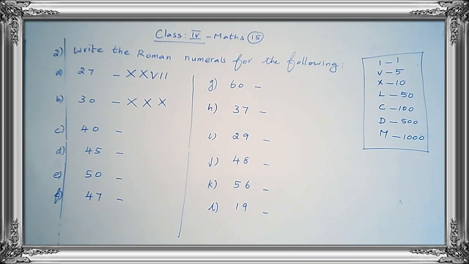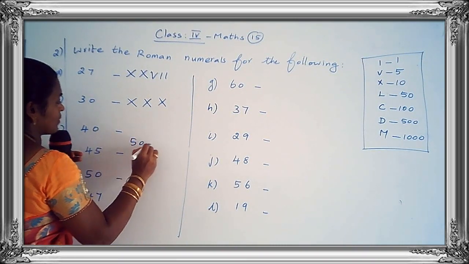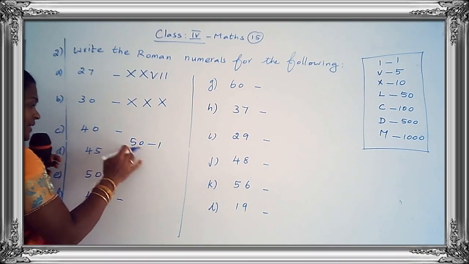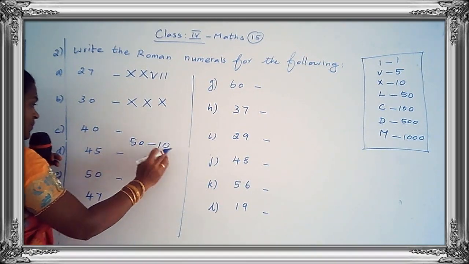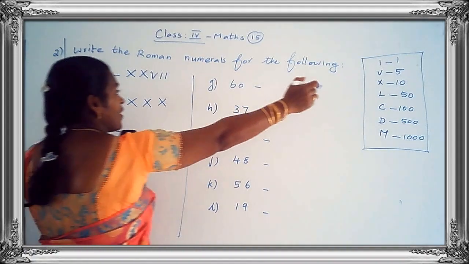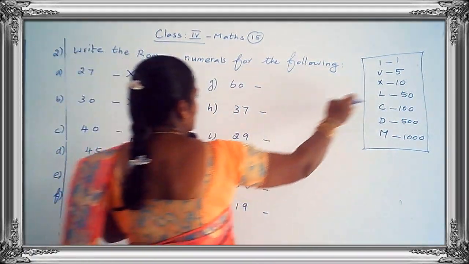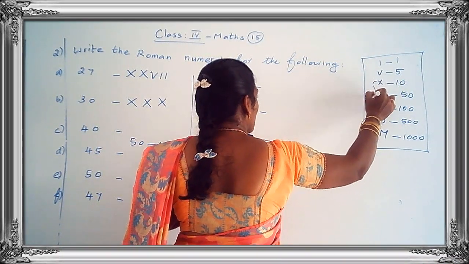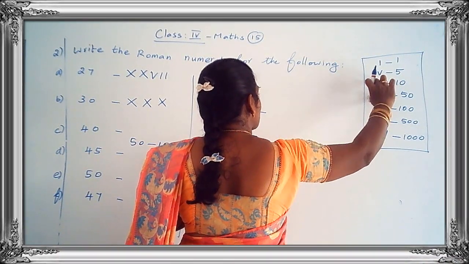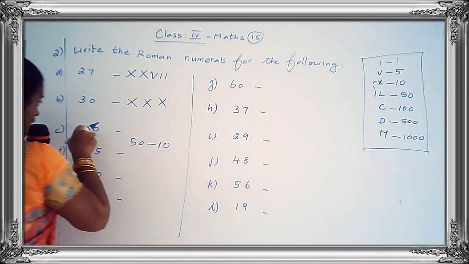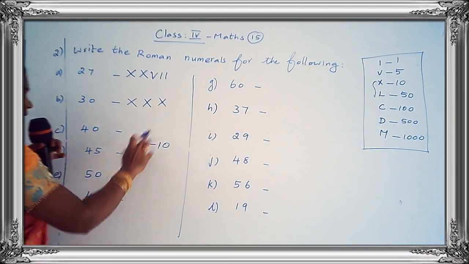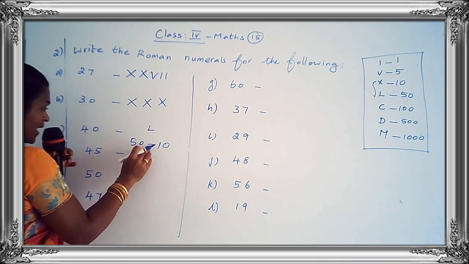So what to do? 40 can be written as 50 minus 10. 50 stands for L, and 10 means X. So using both these Roman symbols, write 40. Here subtraction is going on.